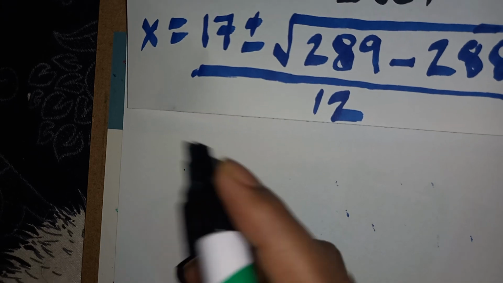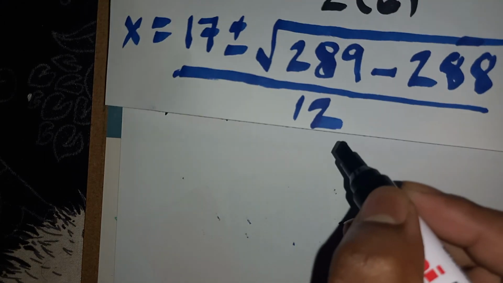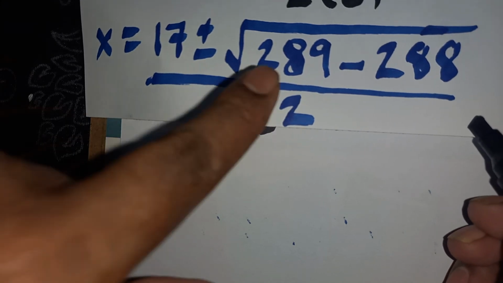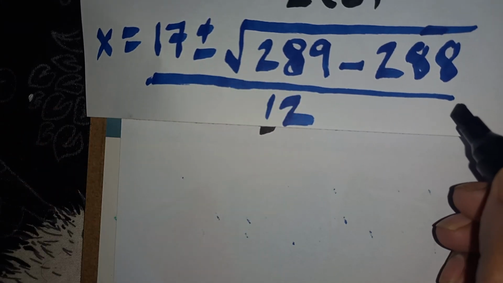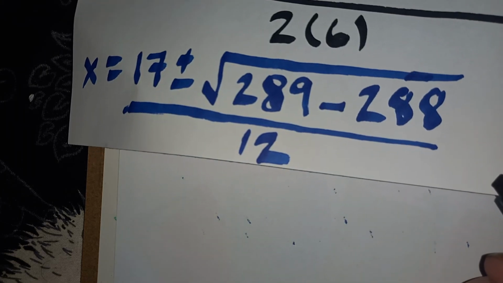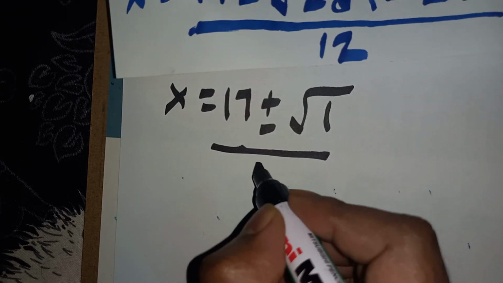Okay, so we have x is equal to 17 plus and minus, and then 289 minus 288 is root of 1, 289 minus 288 is 1, and then everything is divided by 12.